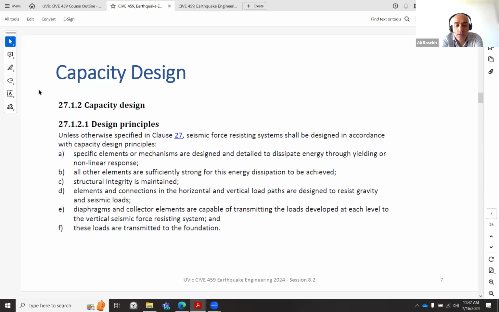This is very important. Always think about the diaphragms and collectors that transfer the loads, and they are also capacity protected. These loads are transmitted to the foundation, and the transfer of the load to the foundation is, again, capacity protected. So there is a lot of capacity protection in order to achieve the yielding in certain members.